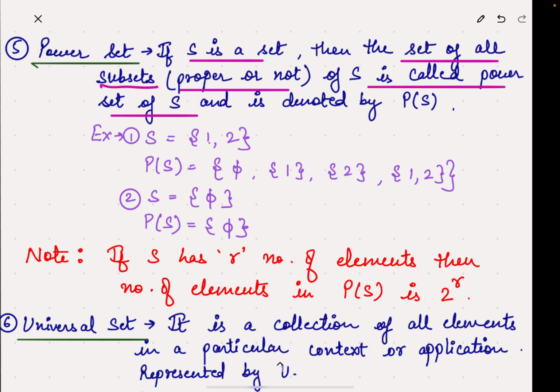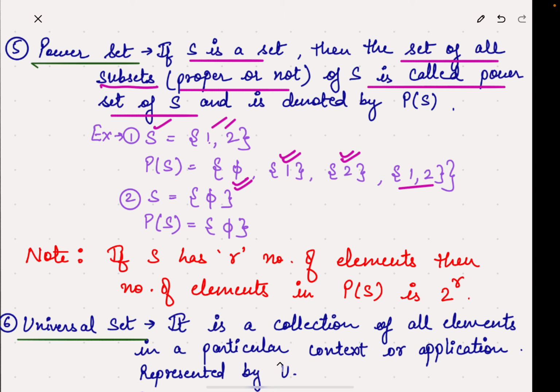For example, if S is a set and it contains 2 elements, then the power set will definitely contain phi, because phi is the subset of all sets, the individual elements of the set, as they are also subsets of the set, and the set itself.